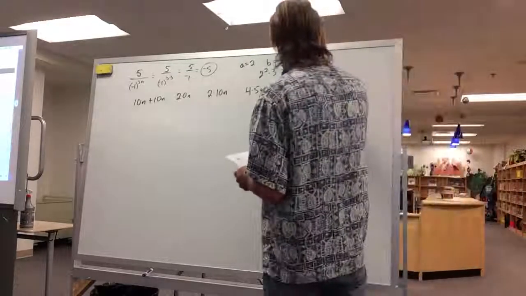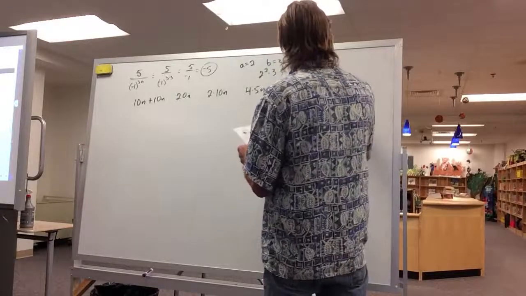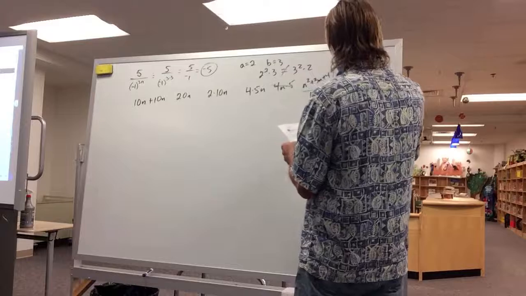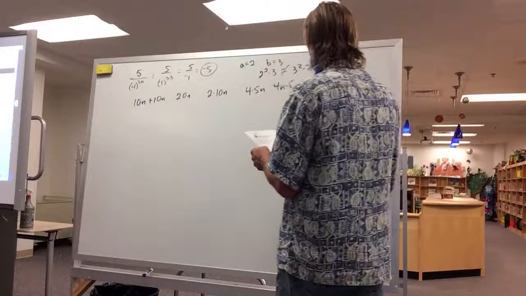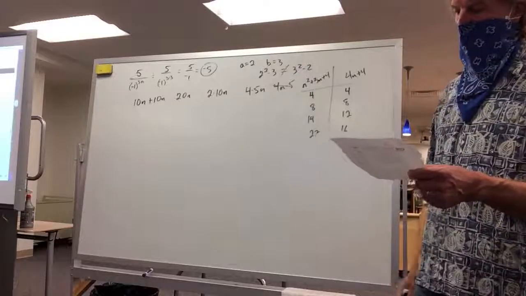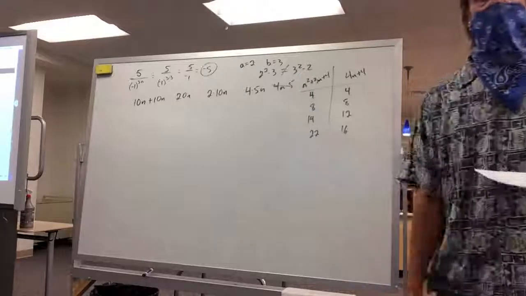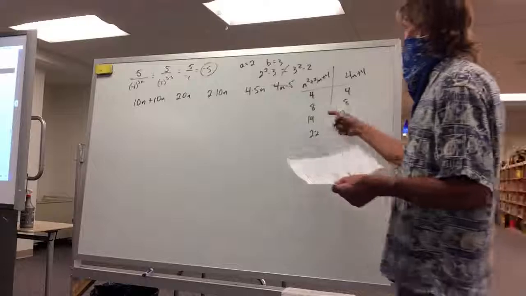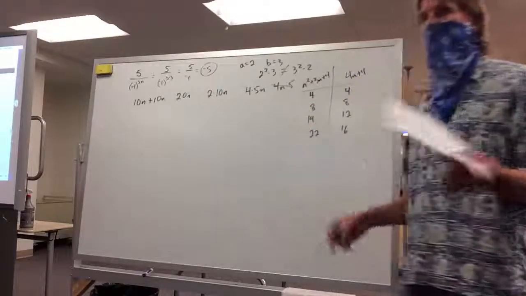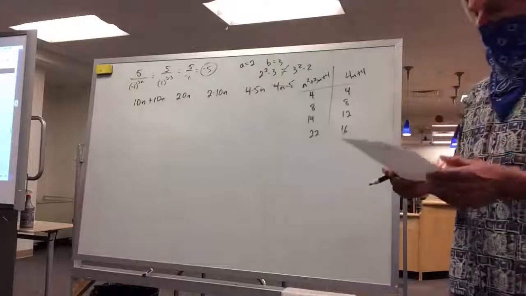This one up here was n squared plus 3n plus 4. And this was 4n plus 4. And here you got 22 and 16. So they are not equivalent because if n is equal to 2 or n is equal to 3, the equations don't check.